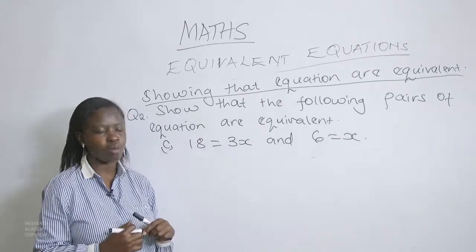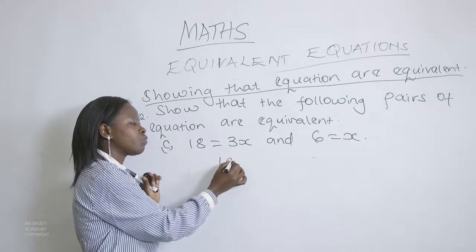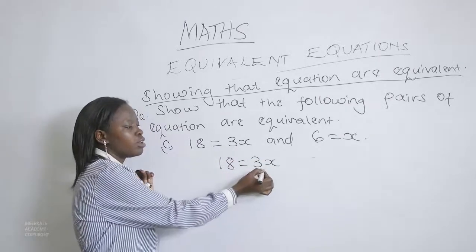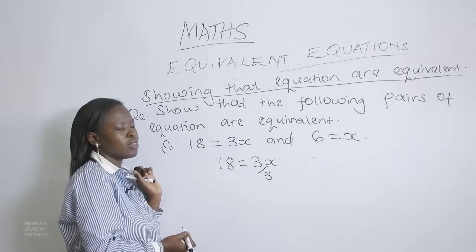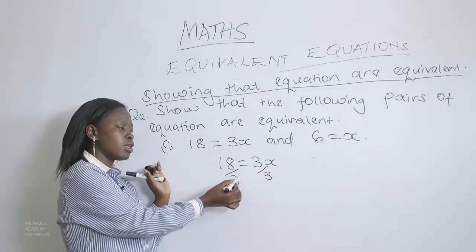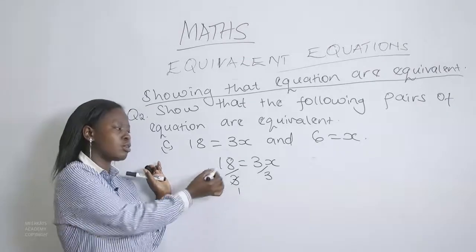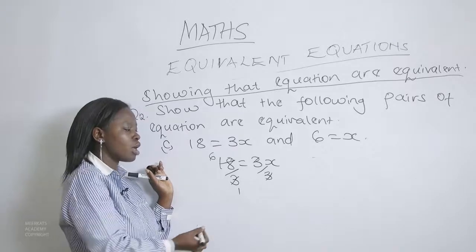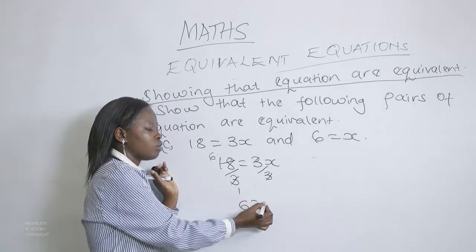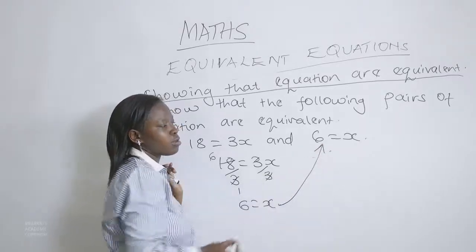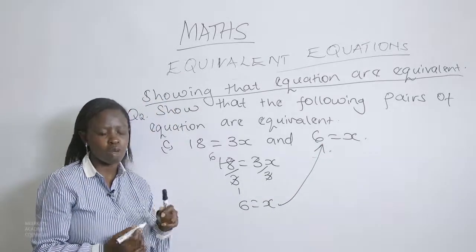if I divide by 3 on both sides, I'm having 18 is equal to 3x, so that if I divide the right hand side by 3, divide the left hand side by 3, we are having 3 into 18 is 6, and 3 into 3 we have 1. So we have 6 is equal to x, and 6 is equal to x is similar to whatever our second equation is.